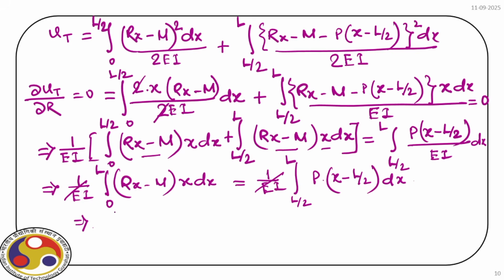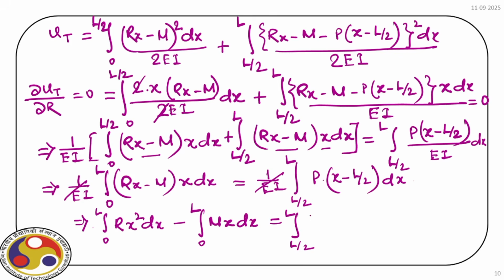So the first term is 0 to L, R x square dx minus 0 to L, Mx dx is equal to L by 2 to L, and then we have Px minus PL by 2.